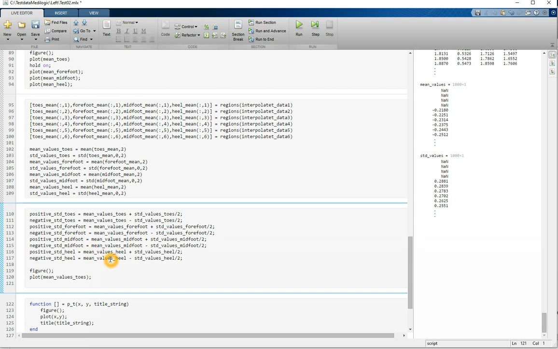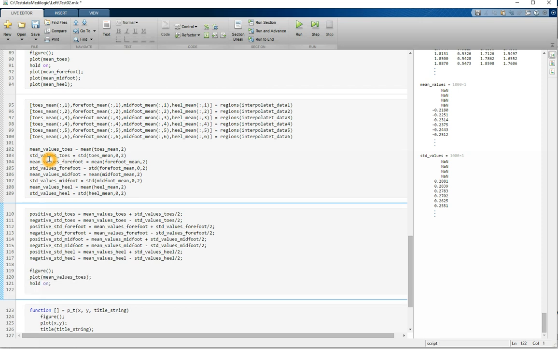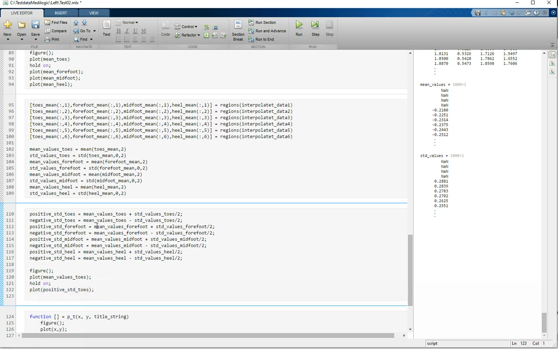Then I want to switch hold on, and then I want to plot the positive standard deviation for the toes. And then I want to plot the negative standard deviation for the toes.